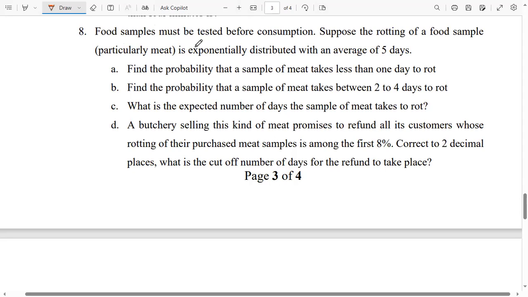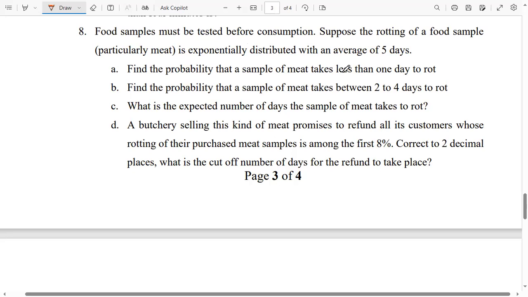So they're saying food samples must be tested before consumption. Suppose the rating of a food sample, particularly meat, is exponentially distributed with an average of 5 days. Okay, so the other thing on how you can know that this is an exponential distribution, in the question, you'll only be given the average.